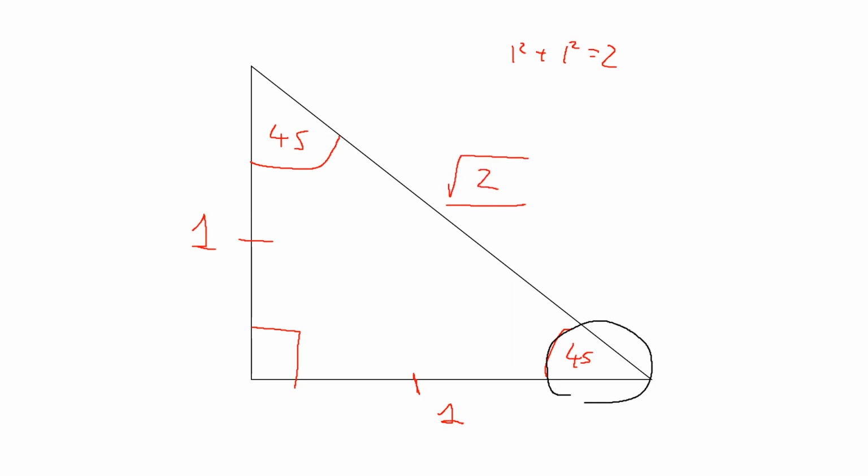And now let's look at this, right? We have an opposite, we have a hypotenuse, and we have an adjacent. So sine 45 is just going to be equal to 1 over root 2.